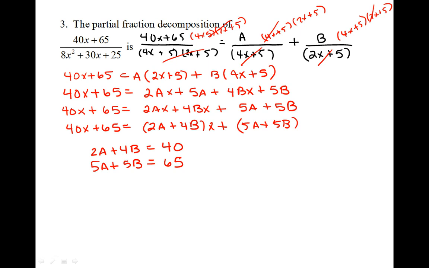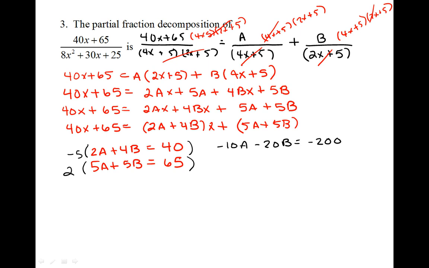Go back to black. And I am going to use elimination, so I guess the best way to do this is I'm going to multiply this by a -5, and I'm going to multiply this by a 2. So -5 times 2A is -10A, minus 20B equals -200.